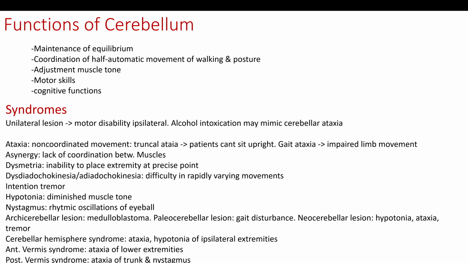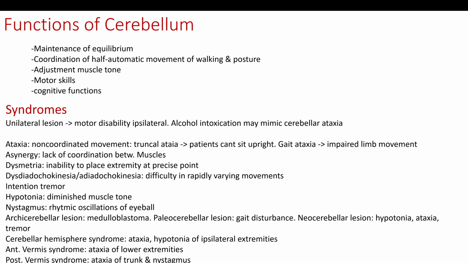Normally, a patient would stand with legs spread apart and place his hand on the wall for stability. Asynergy is the lack of coordination between different muscle groups. Dysmetria, an inability to place an extremity at a precise point in space, for example, touch the finger to the nose.